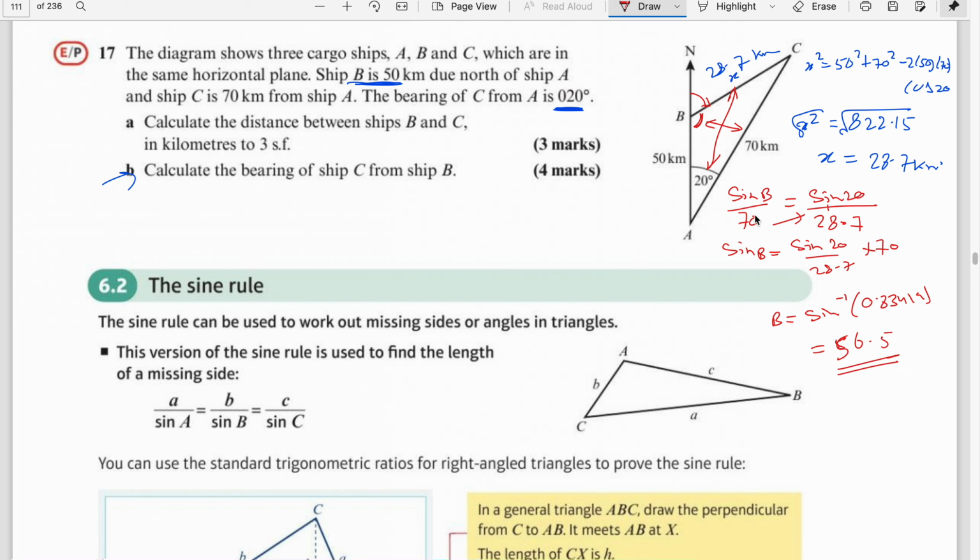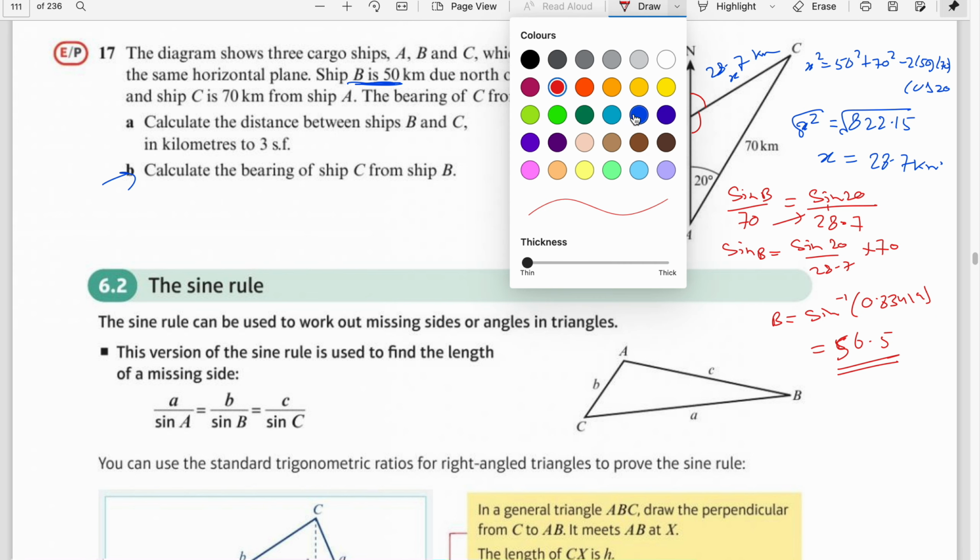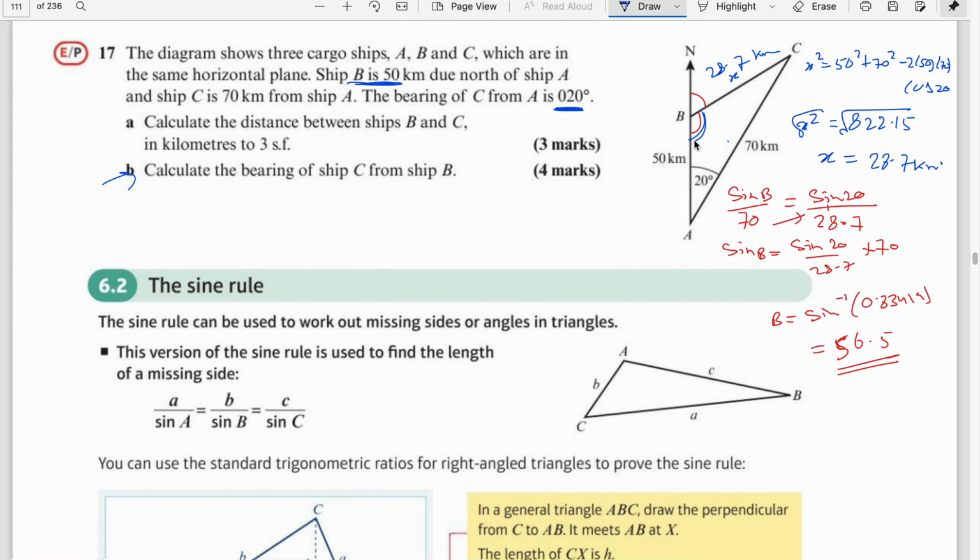So this is 56.5. Now you do realize that this is actually obtuse. If I'm getting 56.5, this angle right here is obtuse, so it should be 180 minus 56.5, which is 123.5 degrees.